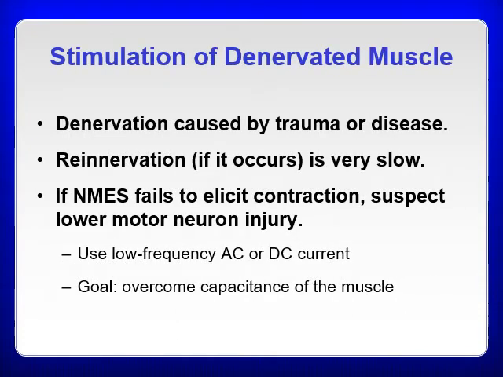All right, so we had discussed a little bit about denervated muscle. This isn't something you're going to see a whole lot in more traditional sports medicine settings, because this is when the muscle basically has no nerve innervation, and usually this is caused by either a major trauma or disease. So reinnervation, if it occurs, will occur slowly.